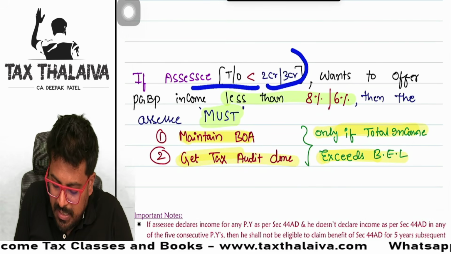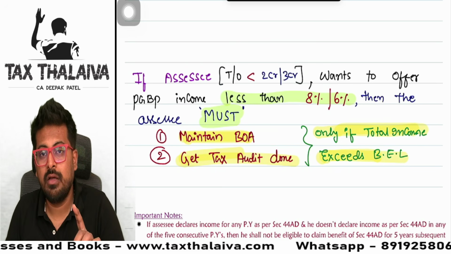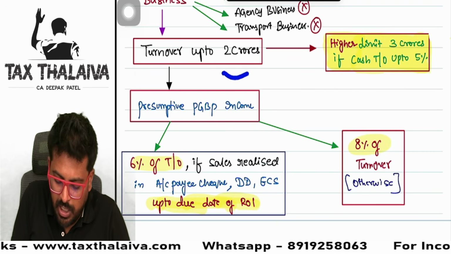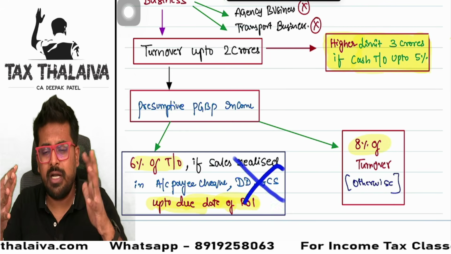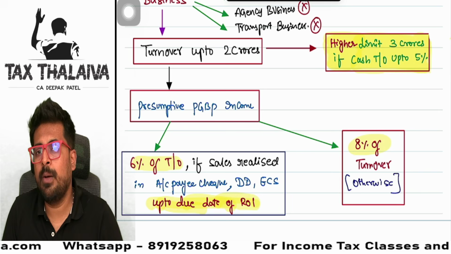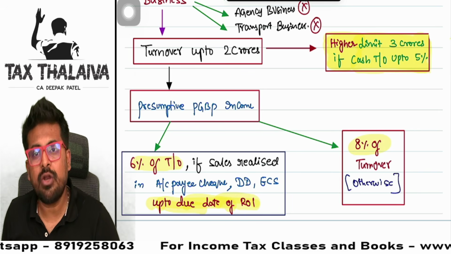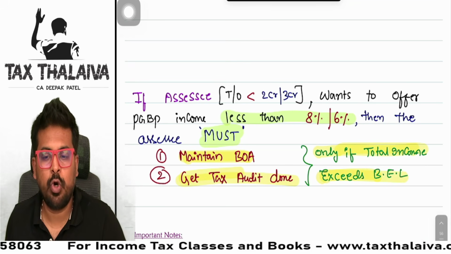If the assessee's turnover is less than 2 crores or 3 crores, and sir, what if I don't want to pay 8%, 6%? If my turnover is up to 2 crores, 3 crores, I don't want to, because my business actually does not give me so much profit. Why should I offer 8% or 6%? I want to offer less, sir. Then you can offer less, but you have to then maintain books of accounts and get them audited also.